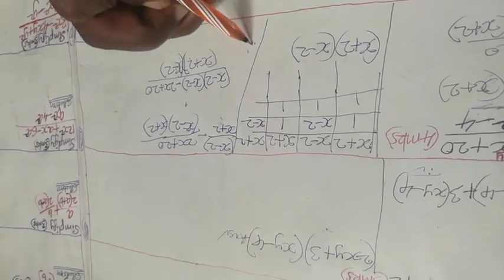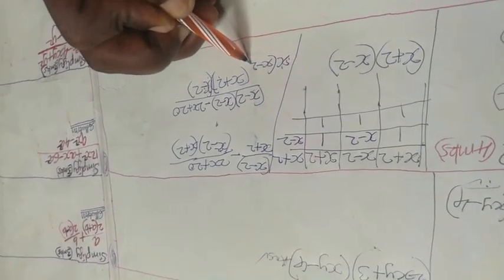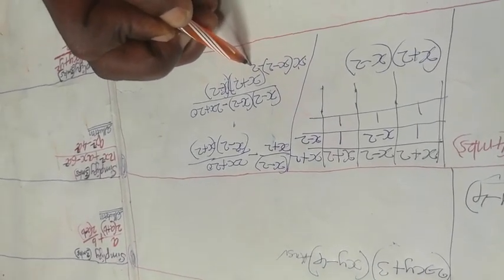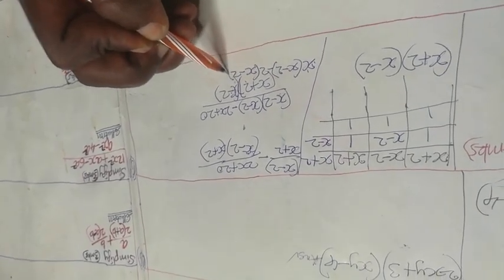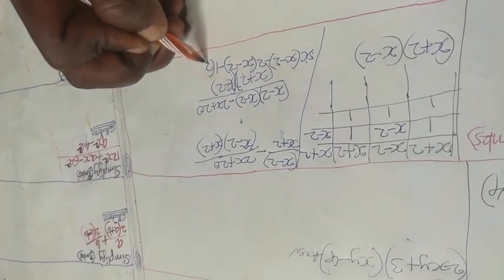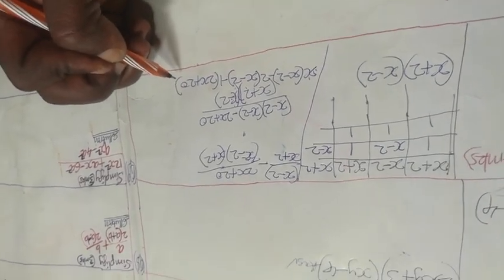Then we say x into brackets x minus 2 into brackets x minus 2 into brackets minus 1 into brackets 2x plus 20.